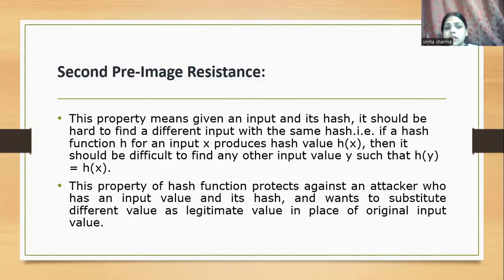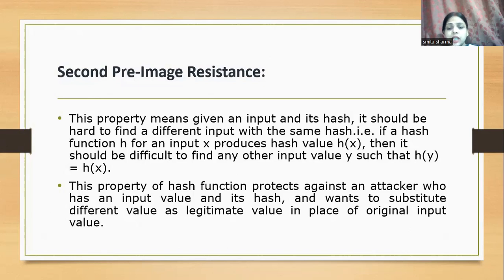That is, if a hash function h for an input x produces hash value h(x), then it should be very hard to find any other input value y such that h(y) is equal to h(x). So basically, no two messages can have the same hash value. What is the advantage of this property?